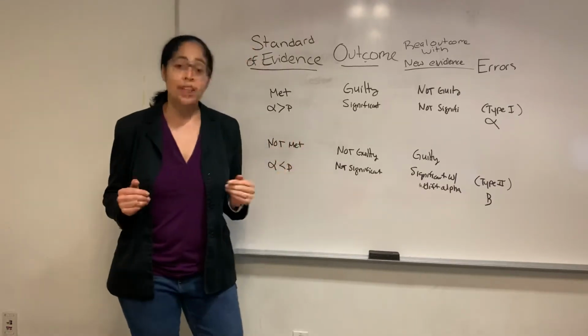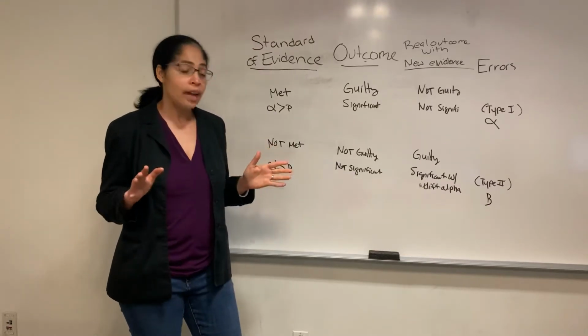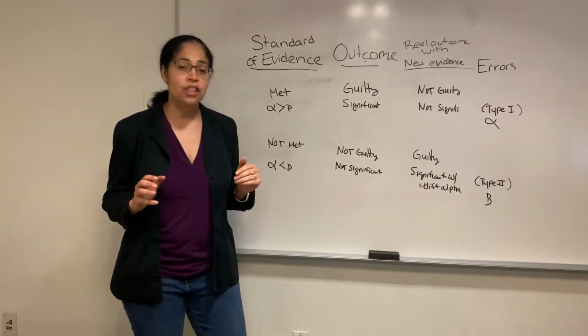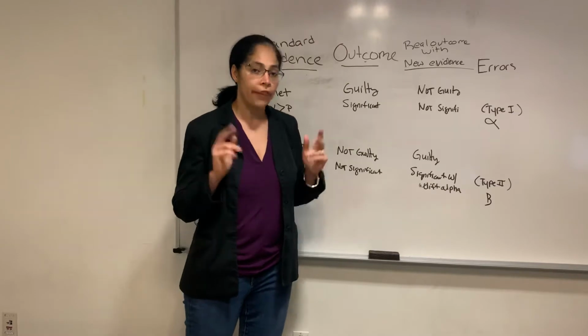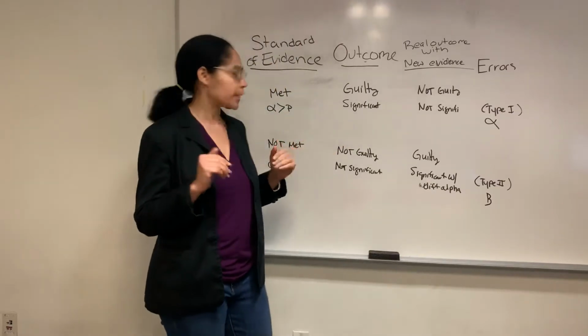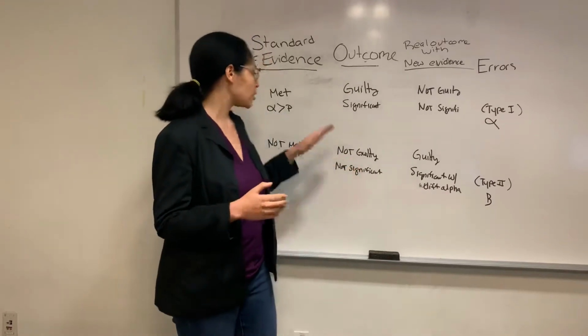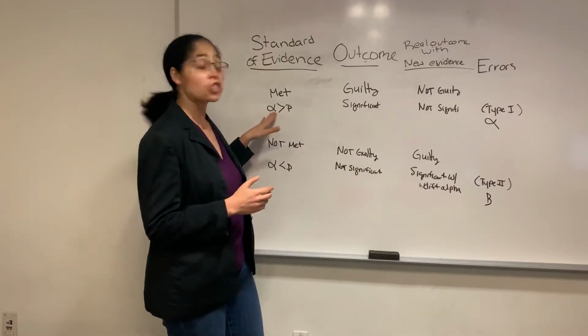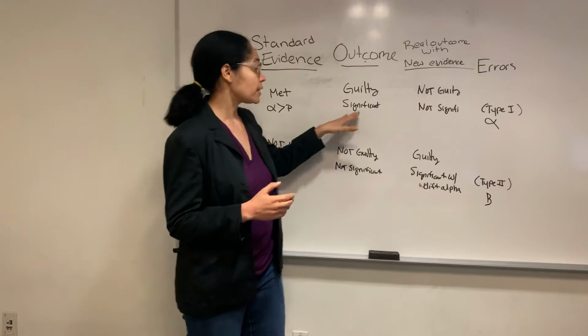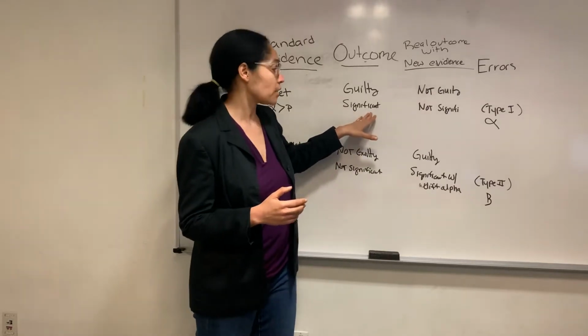When you're doing social science research, we've got an alpha that establishes the likelihood of sampling error, and for our outcome, we get our test statistic, we get our p-value, and if our p-value is smaller than our alpha, we say that we found statistical significance.